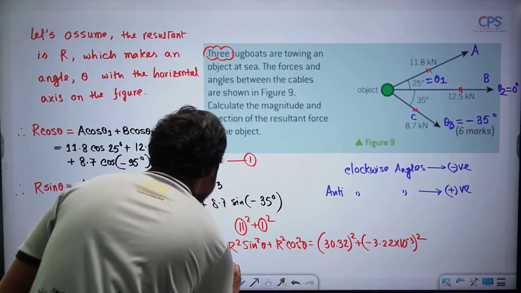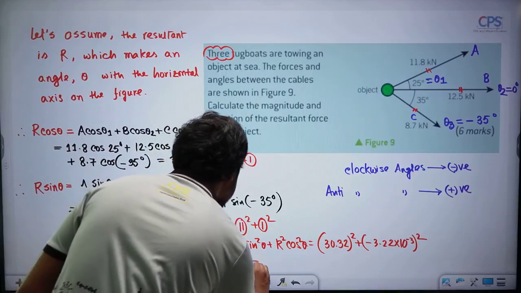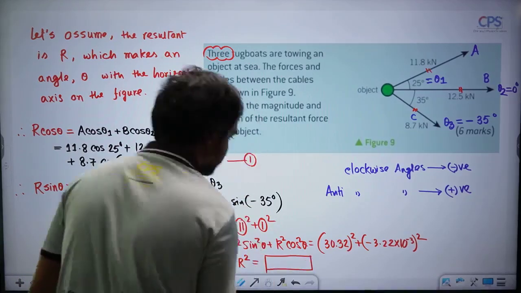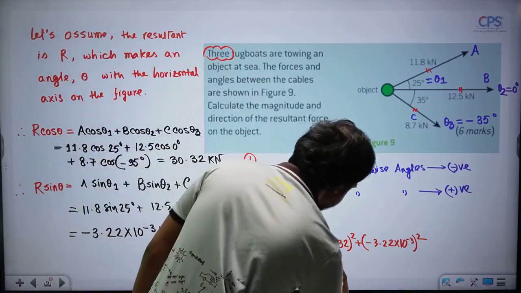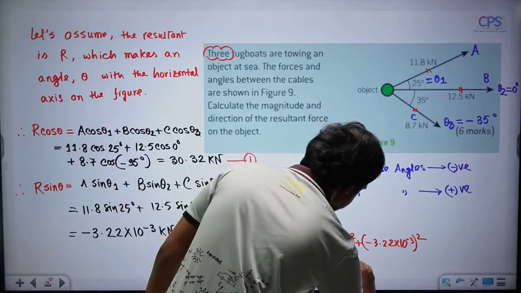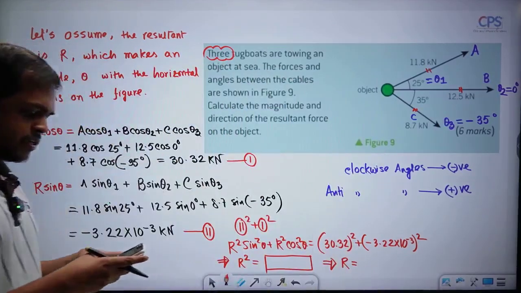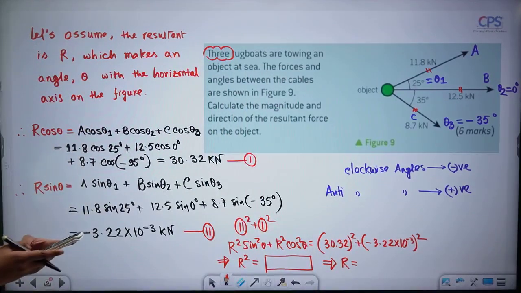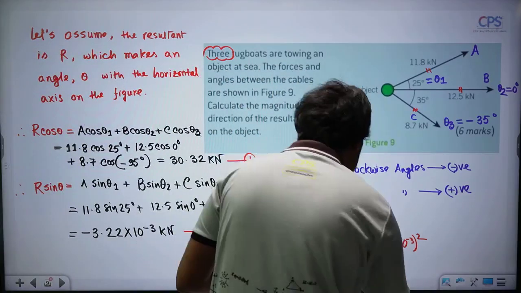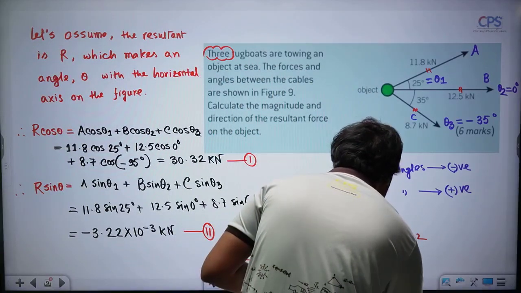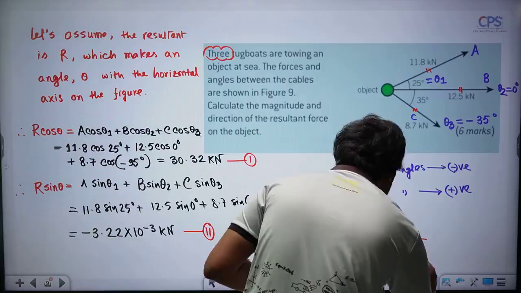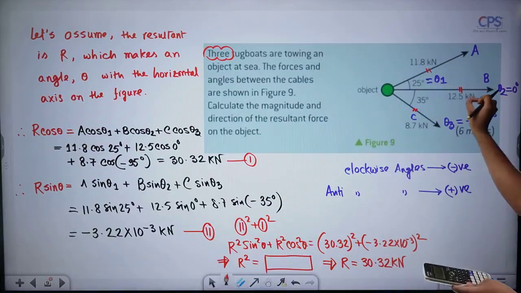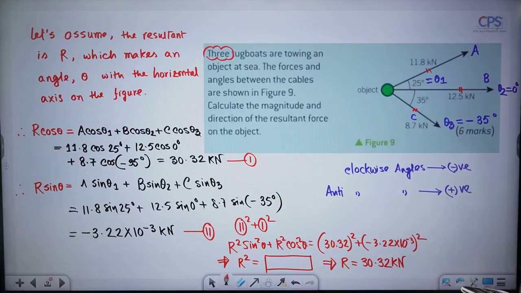So r square becomes something, you can get that from calculator. Then r, I will calculate straight, 30.32 square plus minus of 3.22 into 10 to the power minus 3 square. It will be 30.32 only. The unit will be kilonewton. See, this is kilonewton, kilonewton, kilonewton, so this will be kilonewton as well.